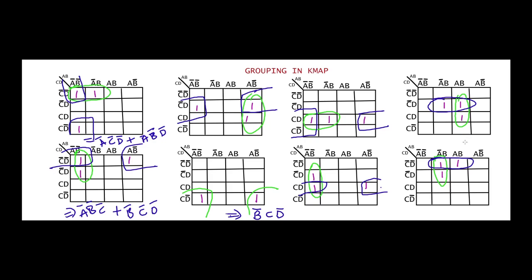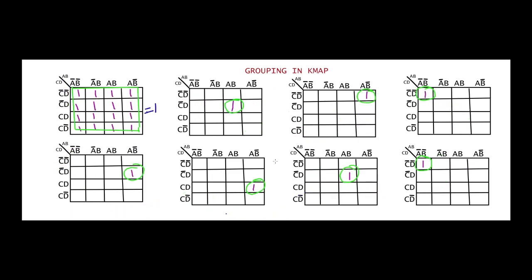So to reduce that literal, I'll take the help of other one which was already grouped in some other group. So you also get various number of possibilities for grouping 2 number of ones with the single number of ones. So if I have only one, I can group them. If I don't have single one, if I have somewhere else one, then I can take the help of some other one. First let's see this part.